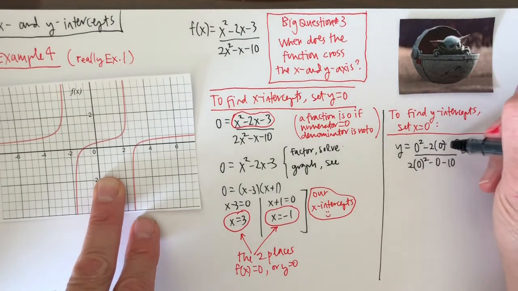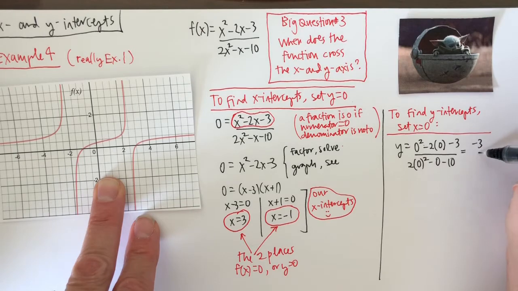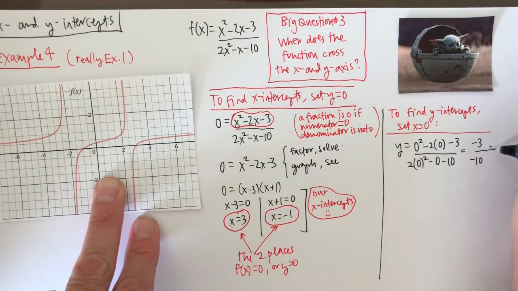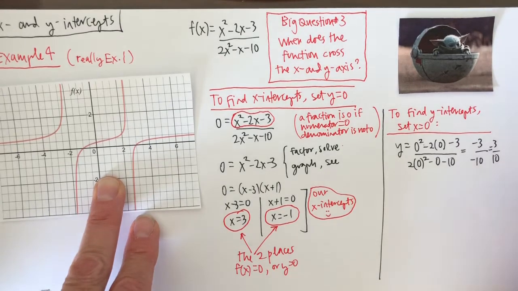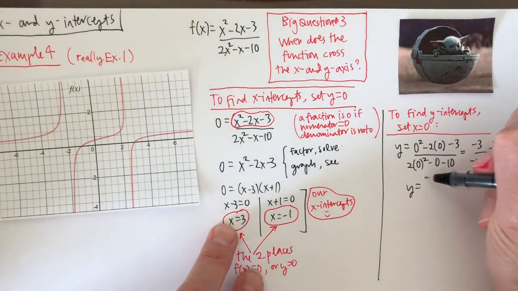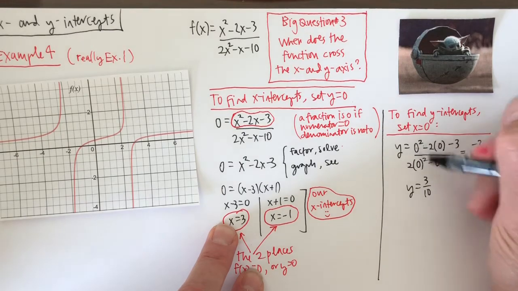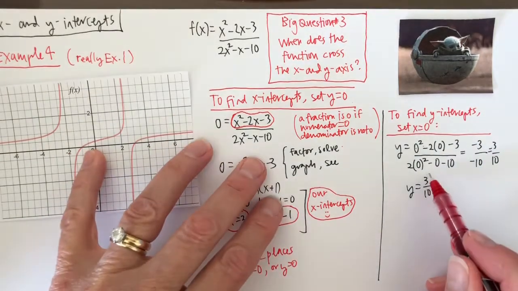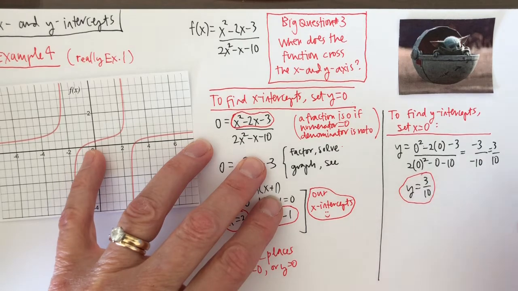Those go away, -3 over -10 equals 3/10. So y equals 3/10. When x is 0, y equals 3/10. This is our y-intercept.